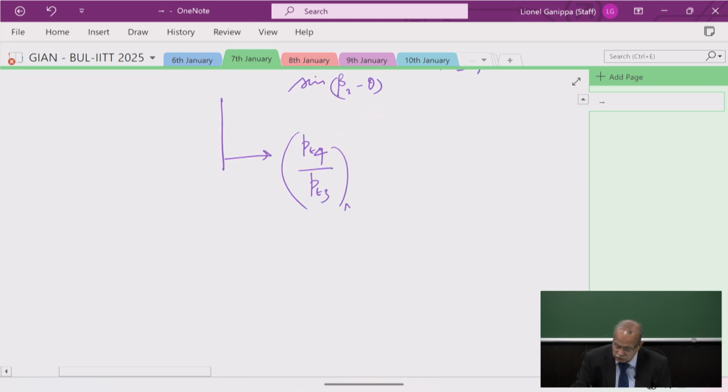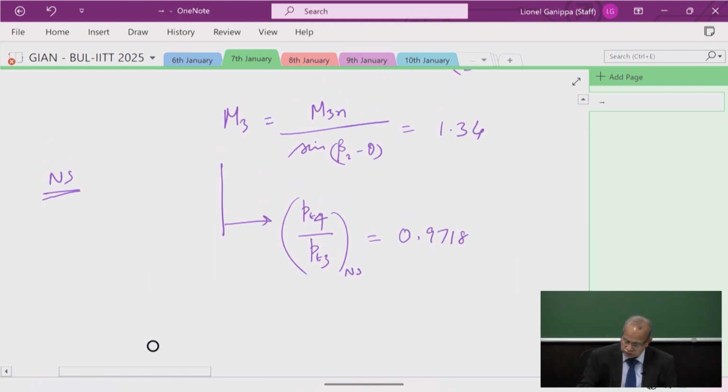This corresponds to normal shock. So this should be 0.9718. Now we have got most of the parameters.